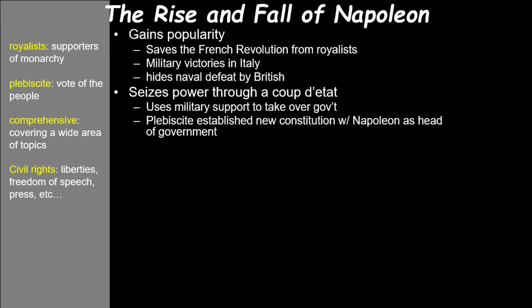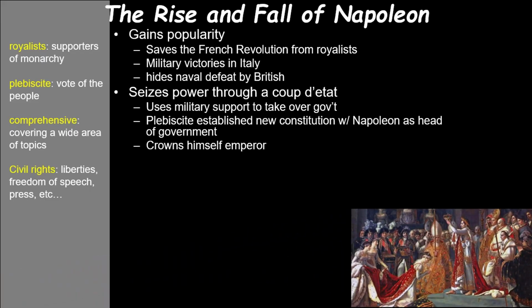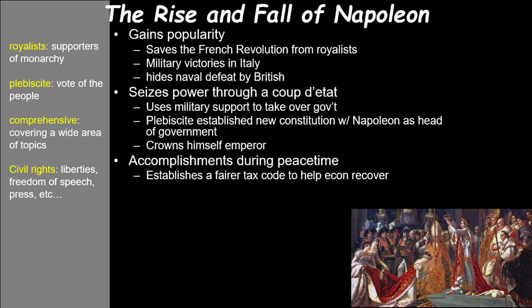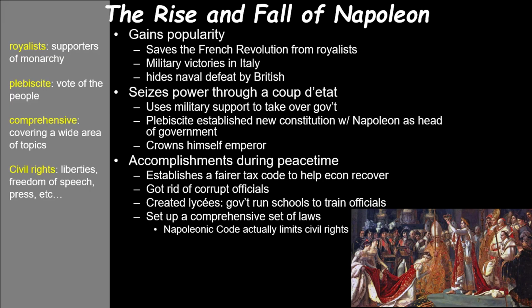He uses military backing to pull off a full-on coup d'etat, basically kicking the door down and taking over the government. And just to make it all seem official, he holds a plebiscite, a vote of the people, where, surprise, surprise, he's made head of government. But here's where the ego really enters the chat. Instead of letting the Pope crown him, Napoleon grabs the crown and puts it on himself. That's not just drama. That's a whole statement.